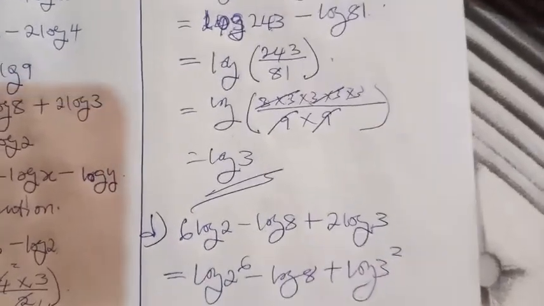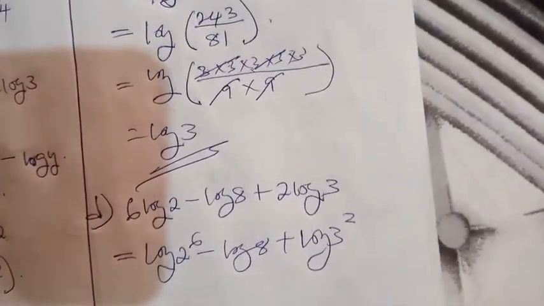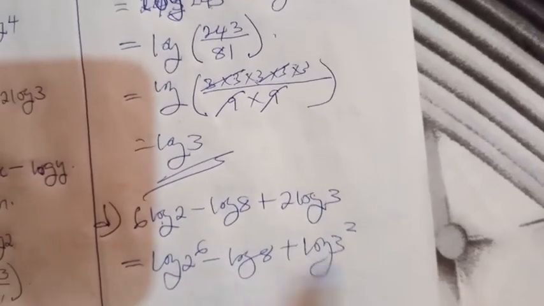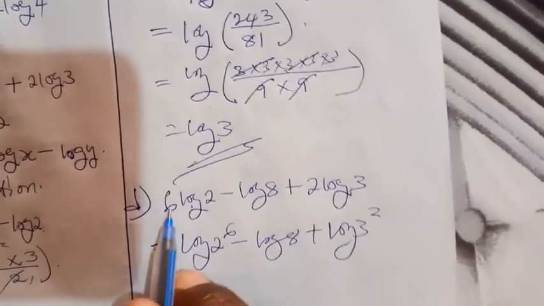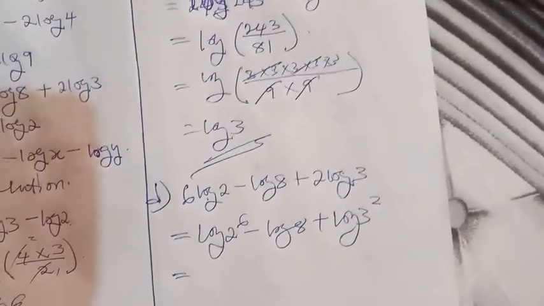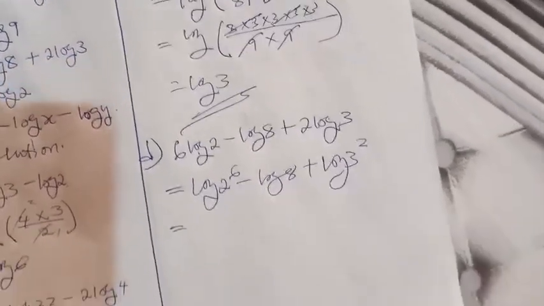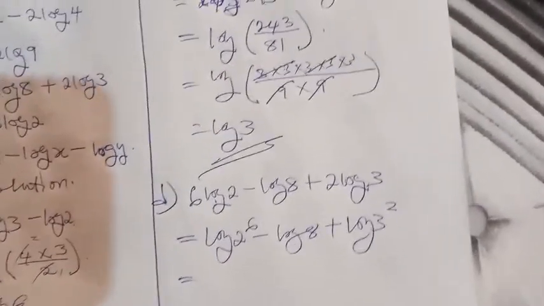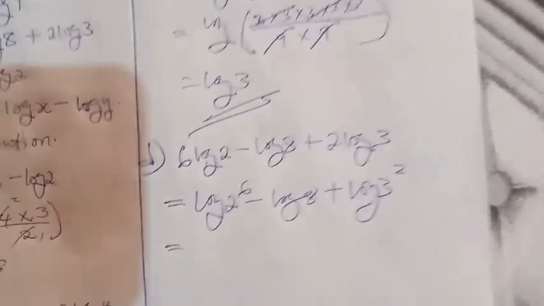You see, I just applied the third law to this, and they gave me this and this. I reversed this. Okay, so 2 raised to power 6 would be 64.